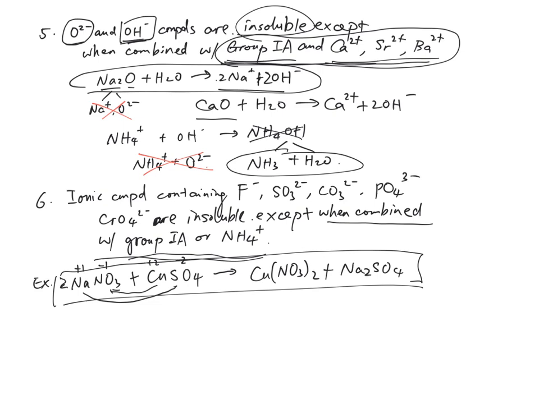Okay, let's go. Anything containing sodium or nitrate is going to be soluble, so 2 positive ions, 2 negative polyatomic ions. Copper sulfate: rule number 4 is about sulfate. Sulfates are soluble except with silver, lead, mercury, calcium, barium, strontium.